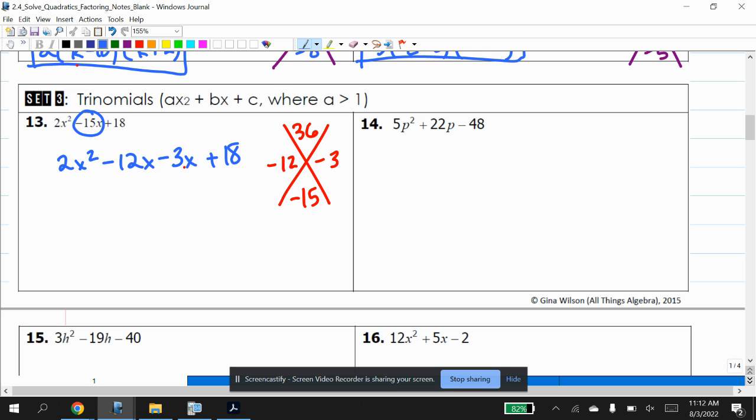Now, the next step is you've got to group. So we're going to group the first two together with a parenthesis, and then I always underline the second pair. Okay? And I work them kind of as two separate problems. What's the GCF on the parentheses set? 2x. So I'm going to pull a 2x out to the front.